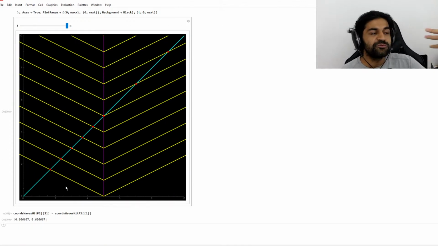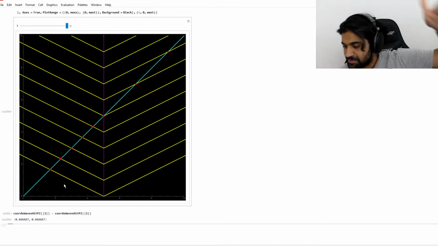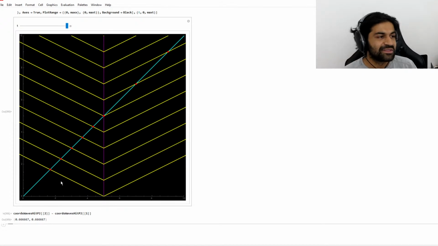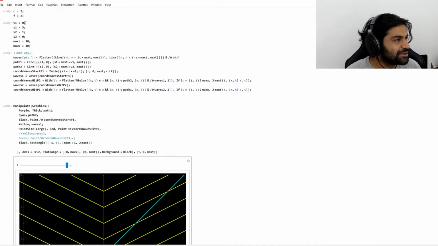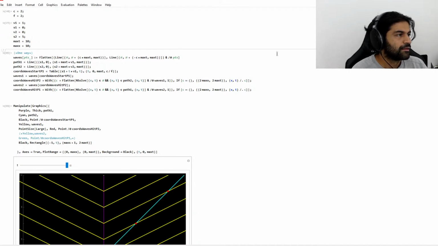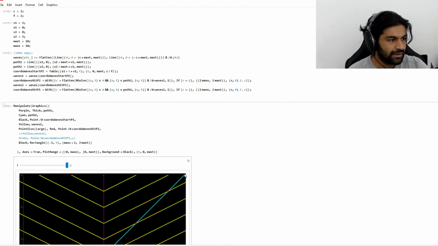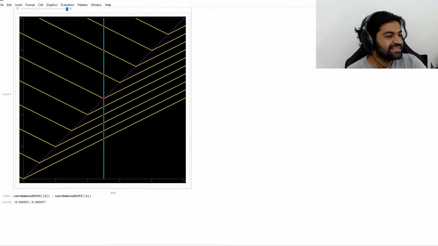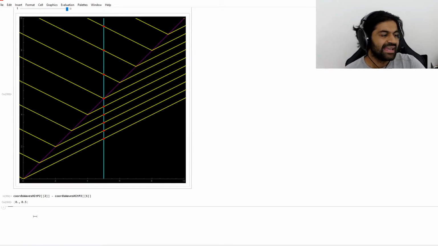Okay, but what if we swap and now the waves are being emitted from the moving object? Well, let me just swap the lines real quick, the emitter and the non-emitter. Okay, in this case, it's a half.